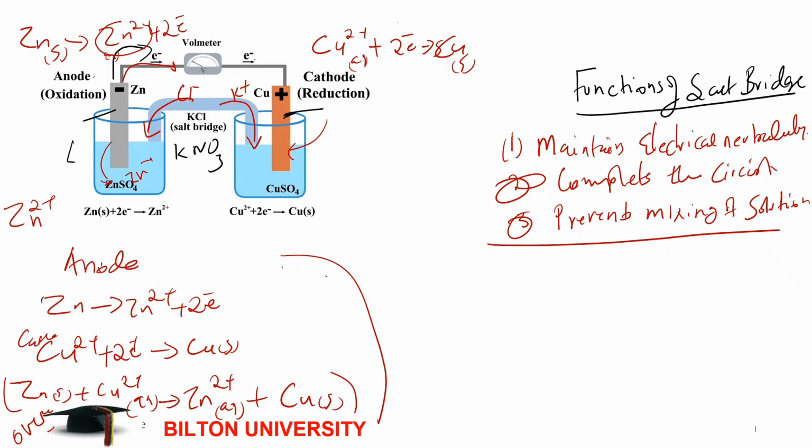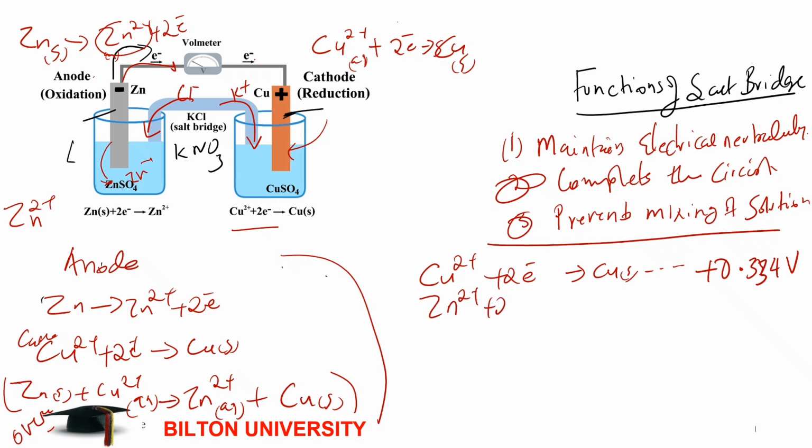So we write them the way they are, as reduction potentials: copper 2+ plus 2 electrons giving copper solid, with a standard reduction potential of +0.334 volts, while zinc 2+ plus 2 electrons giving zinc gives us -0.763 volts. This is the standard reduction potential of the two elements.